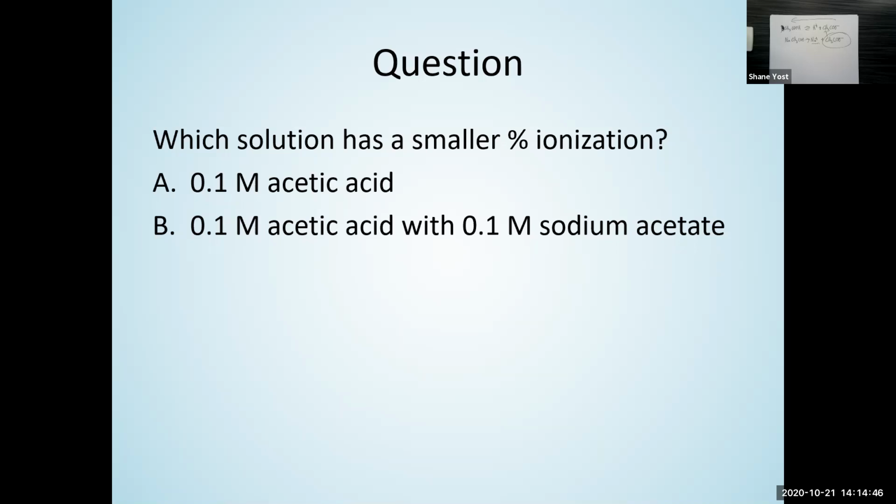Percent ionization is the percentage of your compound that broke apart in solution. Strong electrolytes have 100% ionization; weak electrolytes are less than 100%. So if I'm looking at the percent ionization of acetic acid, I'm asking which solution has less acetic acid breaking up in solution.